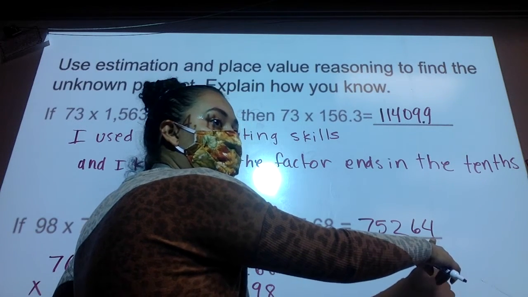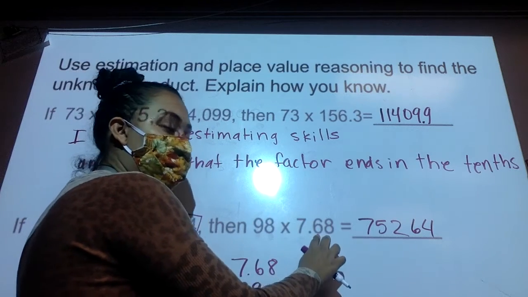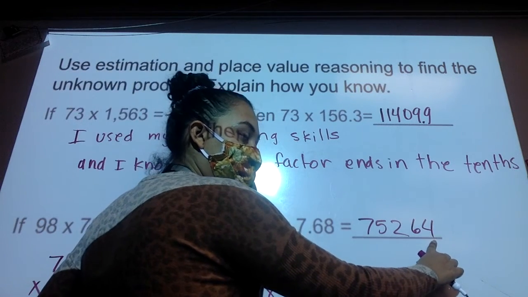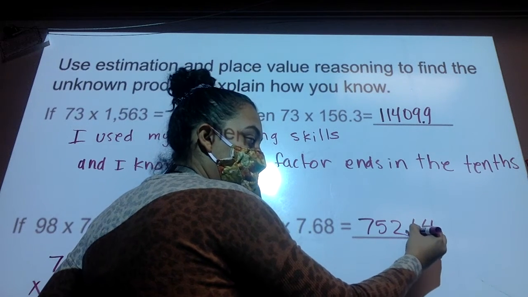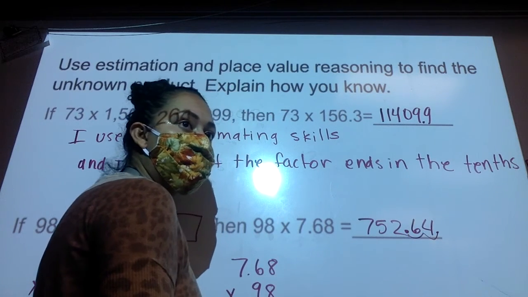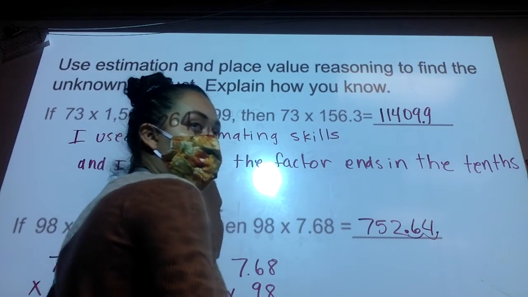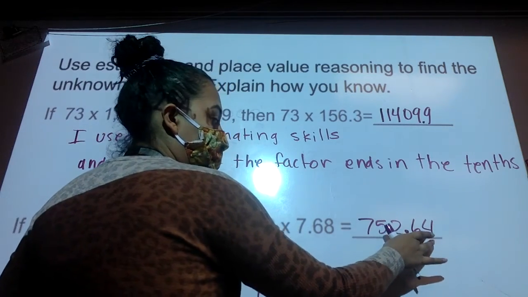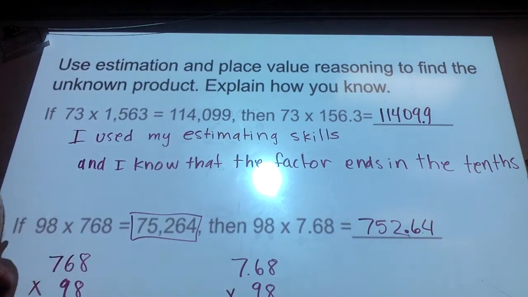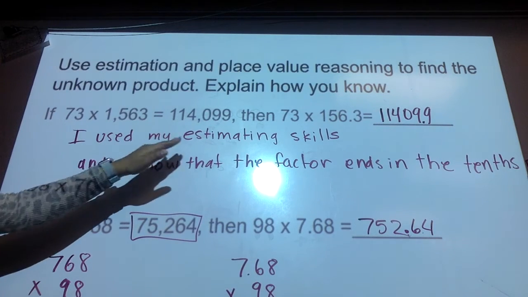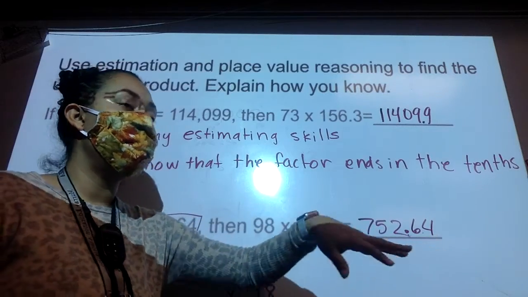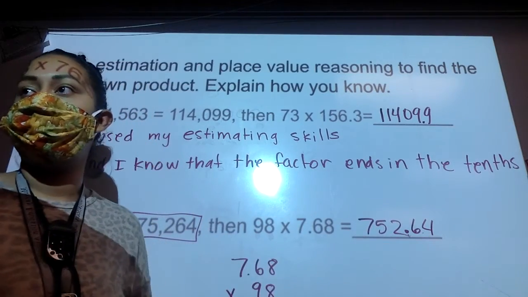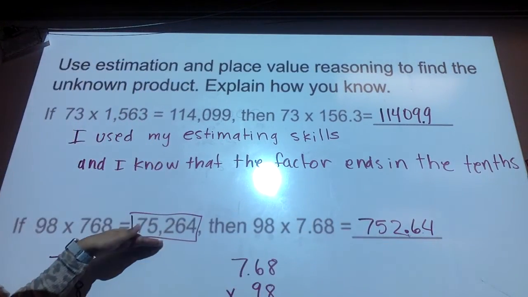The hundredths, okay? So that means we would have to go here for hundredths. Okay, explain how you know. I use my estimating skills, and I know that the factor ends in the hundredths place. Okay?